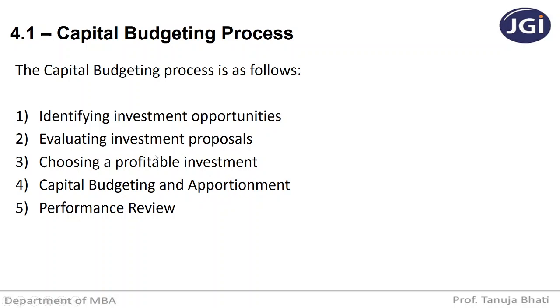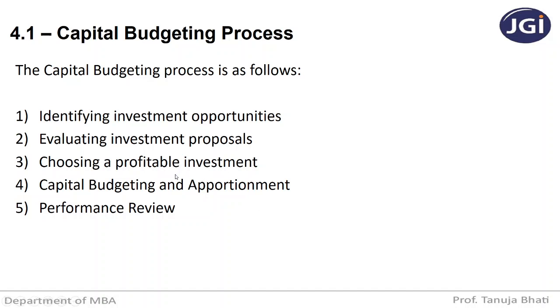Once in step number 3 the company has selected a particular investment which is going to turn profitable, the company knows by using the techniques that this investment will fetch maximum returns and maximum benefit. Then in step number 4 it should try funding that investment, because every investment requires a high amount of funding. So it should see the different sources and allocate them properly.